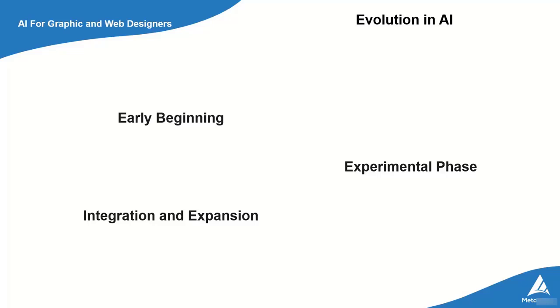Tools like Autodesk's generative design software showcased the potential of AI to optimize designs based on specific criteria. The evolution of AI in design reflects a broader trend of increasing integration of AI across industries. As technology continues to advance, the role of AI in design is poised to become even more central, opening up new possibilities and challenges for designers and the industry as a whole.